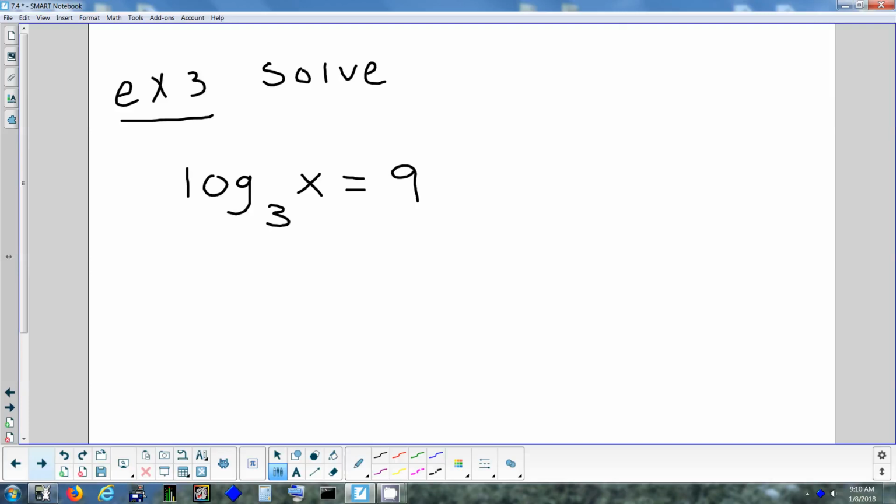How about Rudy, do I have numbers in front of the log that I could put back as an exponent on the x? No. So there's nothing I can do there. There's only one thing left I can do. Yeah, make it exponential. Can you tell me what's my base, Alex? 3 to the 9 equals x. That's it. That's the answer, 3 to the 9th power.